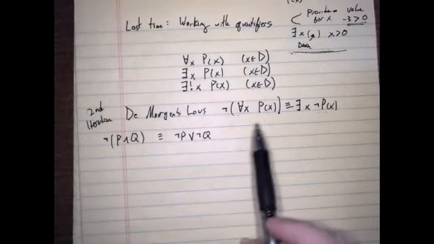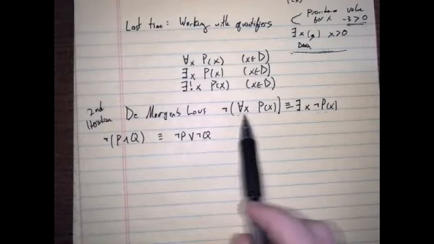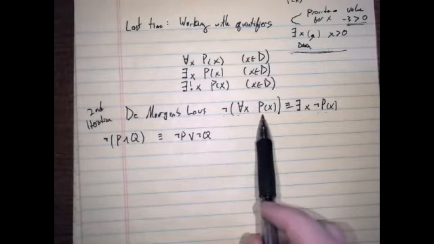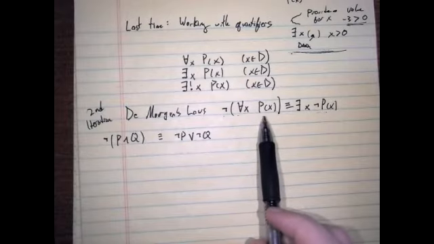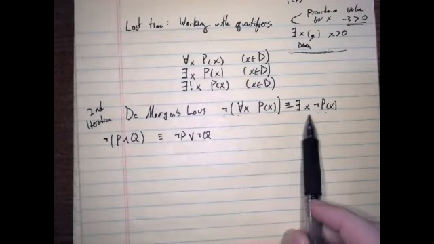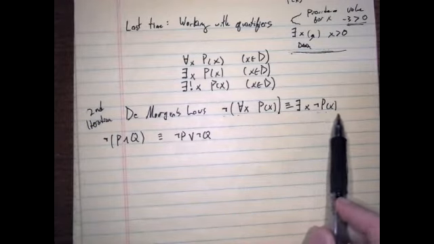The point is that this statement, something holds for every x. If I want to negate it, this is equivalent to P of x does not hold for every x, or there exists an x such that P of x does not hold, or there exists an x such that the negation of P of x holds.